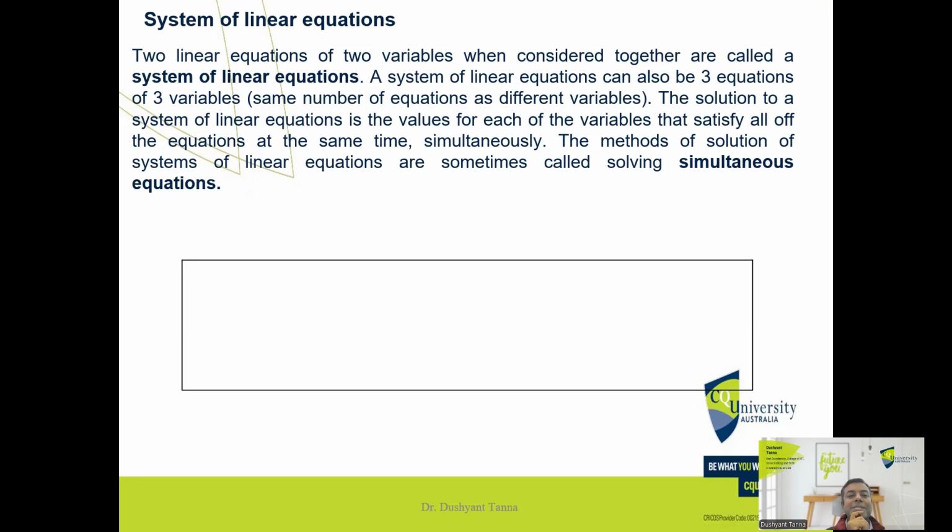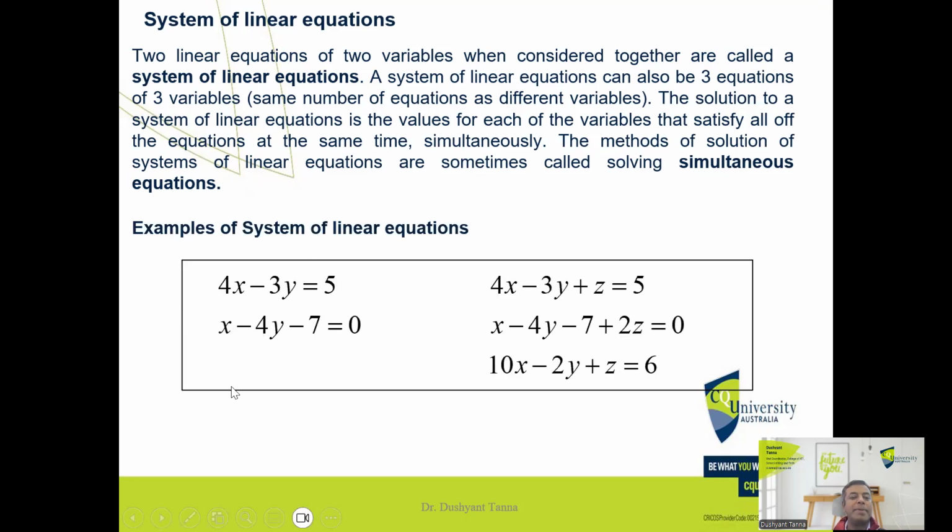The solution to a system of linear equations is the value for x, y, or x, y and z for each of the equations to be satisfied. That's called solving simultaneous equations, because you are doing it simultaneously, everything in one. So some system of linear equations examples: 4x minus 3y is 5, x minus 4y is 7.